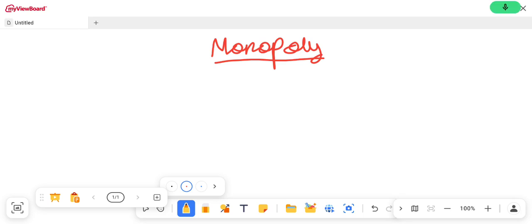So today we are going to do Monopoly. I am referring to HAL Varian chapter number 24. So what is Monopoly?